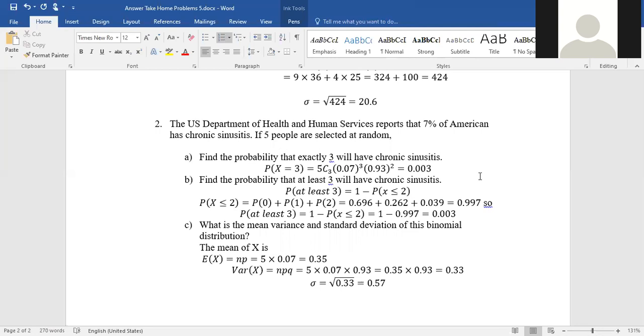And the probability that X is less than or equal to 2 is the binomial CDF of 5 and 0.07. So you can use either your calculator. You can also use the binomial distribution calculator.